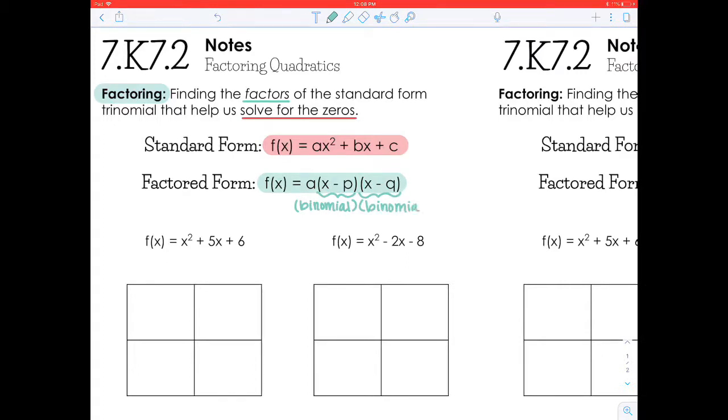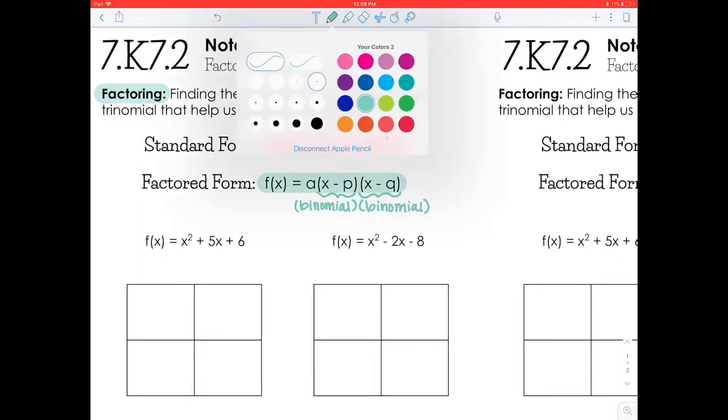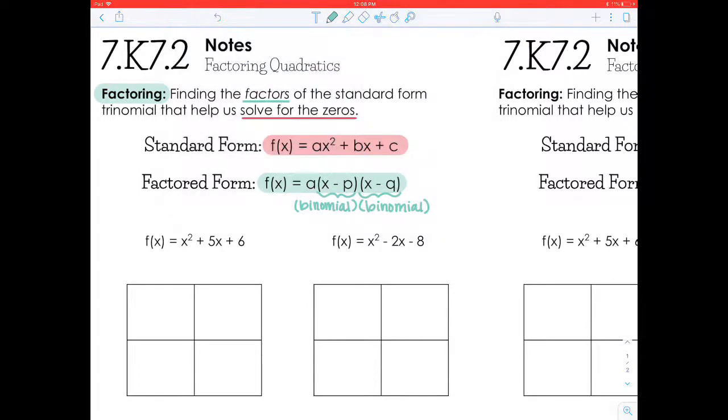And if you remember from multiplying, that always results in a trinomial. So when you multiply that through, we get a trinomial.